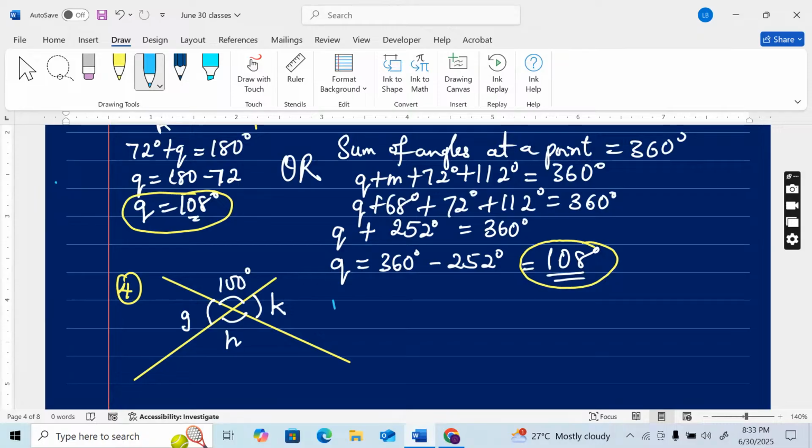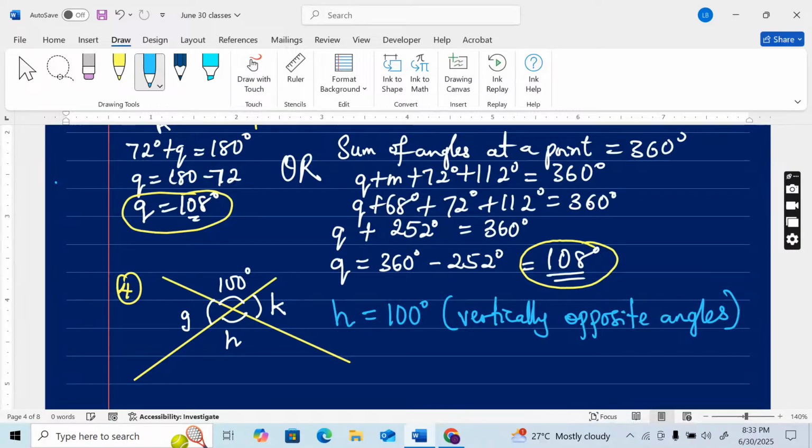Now, angle H is equal to 100 degrees. The reason is because the angles are vertically opposite. Vertically opposite angles are equal. So if we have 100 above right here, the angle opposite it is also 100 degrees. That's because they are vertically opposite, and vertically opposite angles are equal.